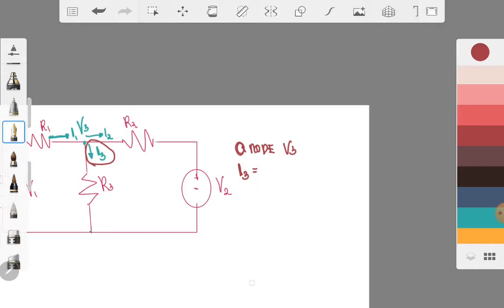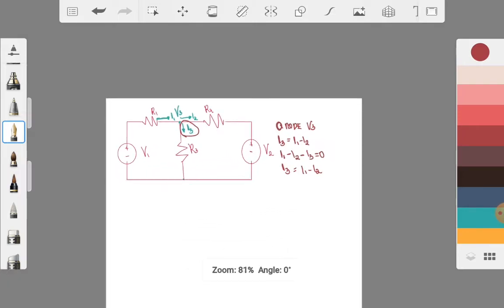Why I1 minus I2? Take note of the law of KCL. Current entering the node is positive: I1 enters the node, so it is positive. I2 leaves the node, so negative I2. I3 also leaves the node, so negative I3. Take note that KCL is the summation of currents equals 0. Solving for I3, we have I3 equal to I1 minus I2.